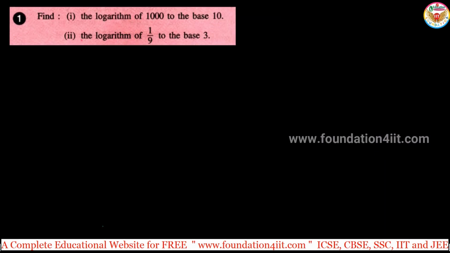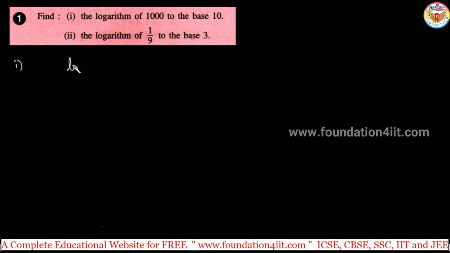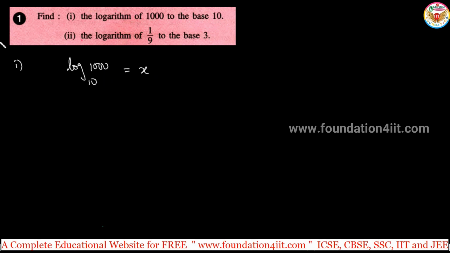Here is a question. The logarithm of 1000 to the base 10. So the first one, log 1000 to the base 10. The value you have to find out, let it be x. Now x value is supposed to be calculated. This is the logarithmic form. Convert into exponential form, same base.